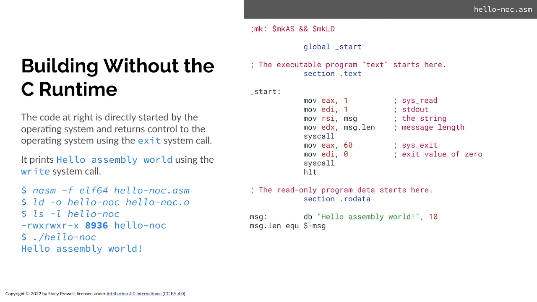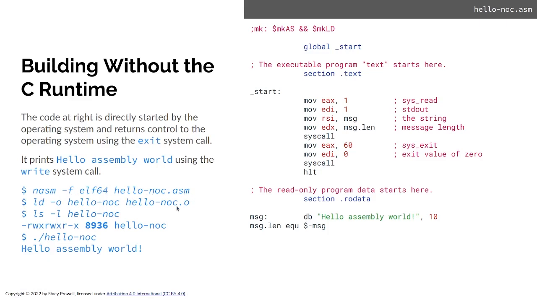So what does this piece of code do? Well, it prints hello world. You can put it into a file called hello-noc.asm, and you can assemble it using NASM, the Netwide Assembler, which we'll talk about. Assemble it for 64-bit ELF.